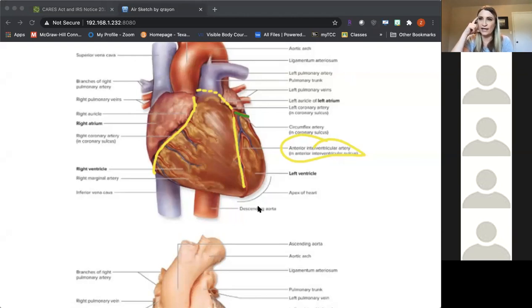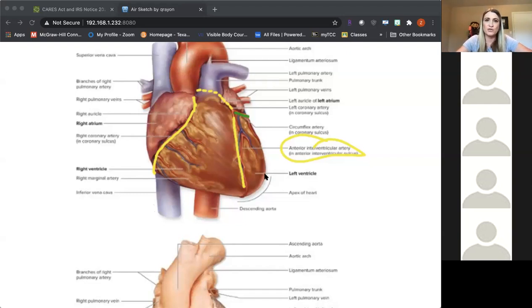The other sulci that we need to mention are the anterior interventricular sulcus and the posterior interventricular sulcus. Let's take the anterior interventricular sulcus, since we already mentioned it, because it's a branch of that left coronary artery.